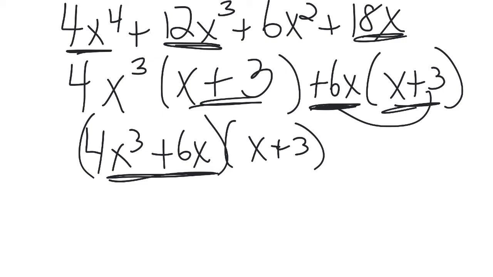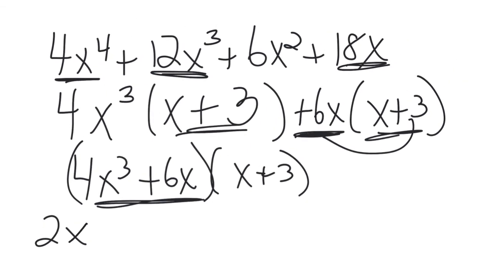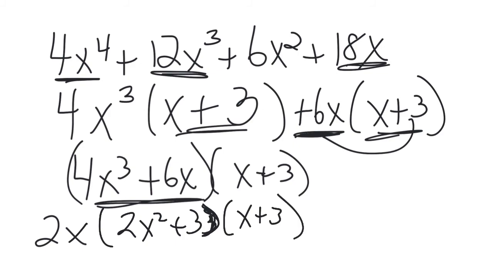So 2x cubed and 6x. You can factor out a 2x. So you're left with a 2x squared plus 3, and then the x plus 3. That's your final factored answer.